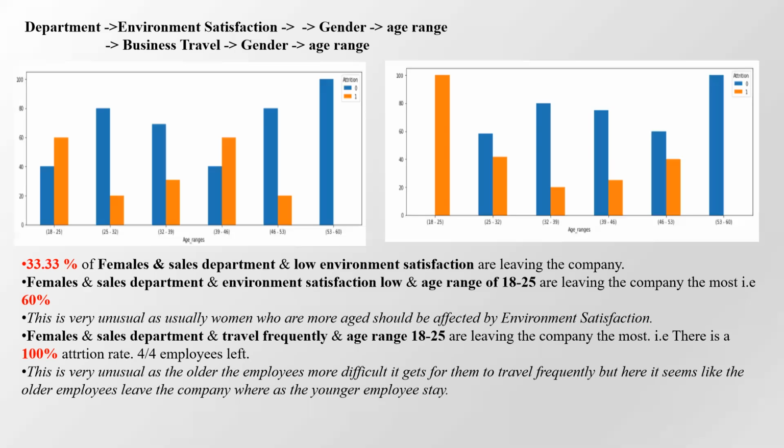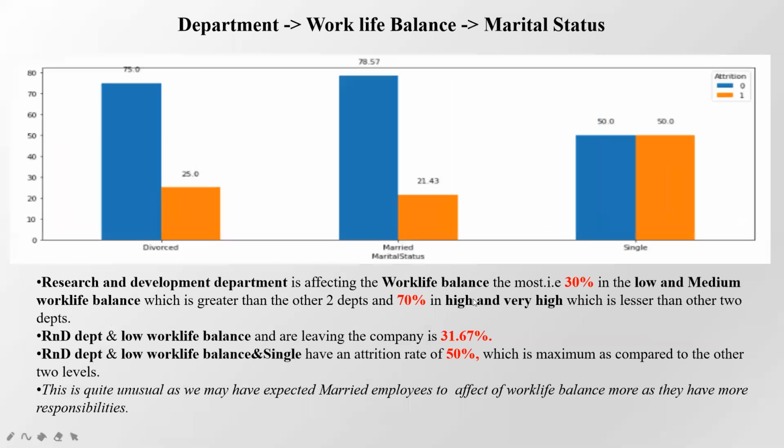This is very unusual, as usually the higher the age, the more such employees are affected by traveling frequently. But here it seems like the older employees are staying and the younger employees are leaving the company. So let us move ahead with the next slide.